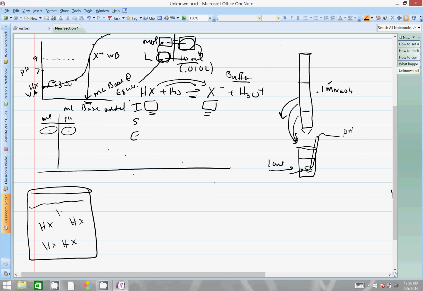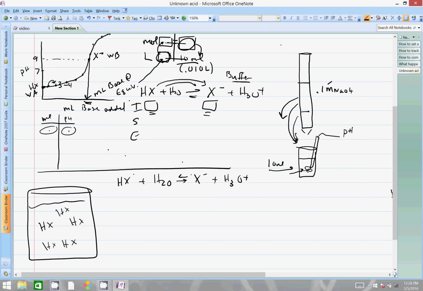Without doing anything, not the neutralization, just leaving it sit there, this is undergoing this chemical reaction: HX plus H2O yields X negative plus H3O plus. You don't have to do anything, kick it, start it, scratch it, whatever. It just does it all the time.